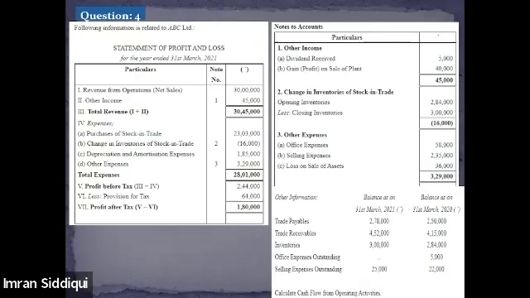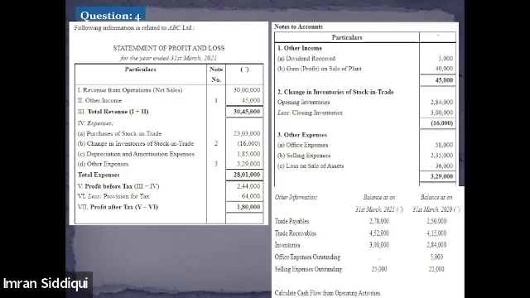Now we'll discuss question number 4. Now this seems to be a lengthy question, but it is not that lengthy. Though the question seems lengthy, the solution is not difficult. Anyway, it requires us to find out the cash flow from operating activity, as we were required to calculate the cash flow from operating activity in all 3 previous questions.